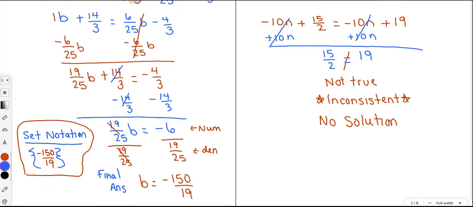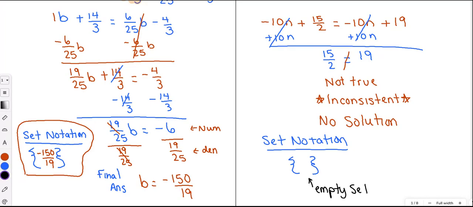Set notation. I'm going to start off exactly like I did with the other one. I open up my curly brace. I close it up. But do I have an answer to put in here? No, so I literally leave it like this. This is known as the empty set. It's empty, there is no solution. There is another way to represent it. I'm just going to use this notation.